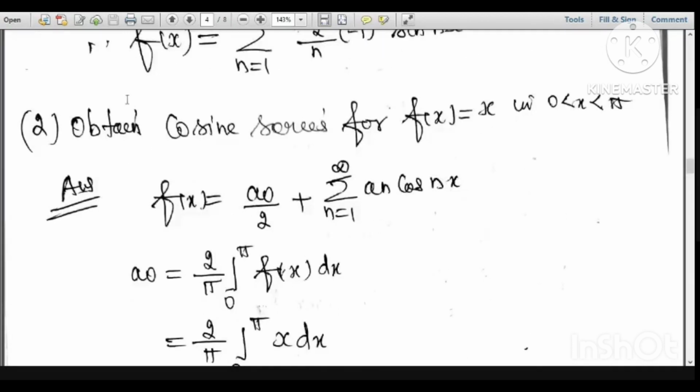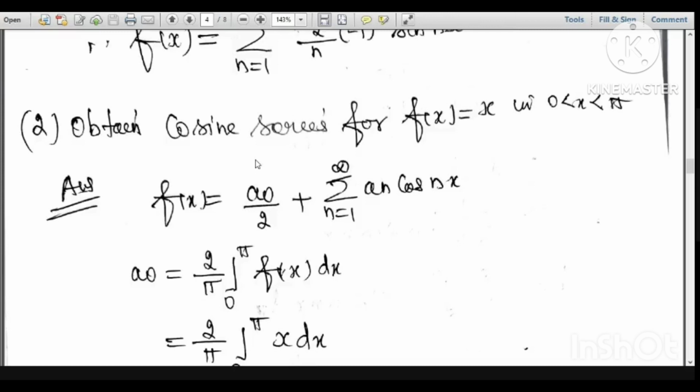So, obtain cosine series. This means, as already explained, the even function and odd function. That is very important. The even function's other name is the cosine series. Because an even function has only the Fourier series f of x is equal to a naught by 2 plus summation n equal to 1 to infinity a n cos nx.